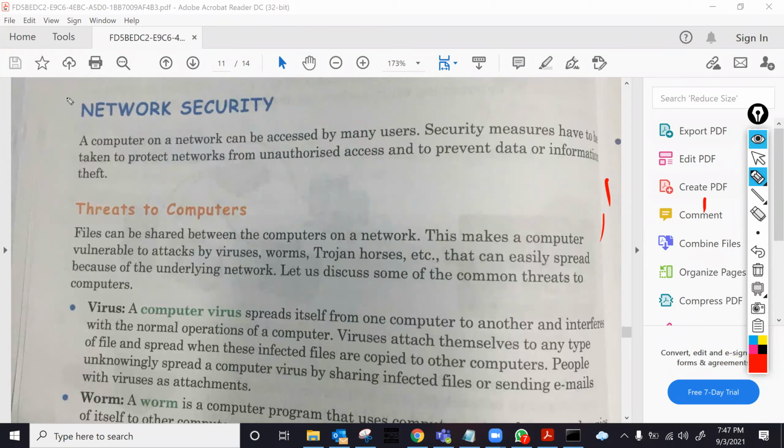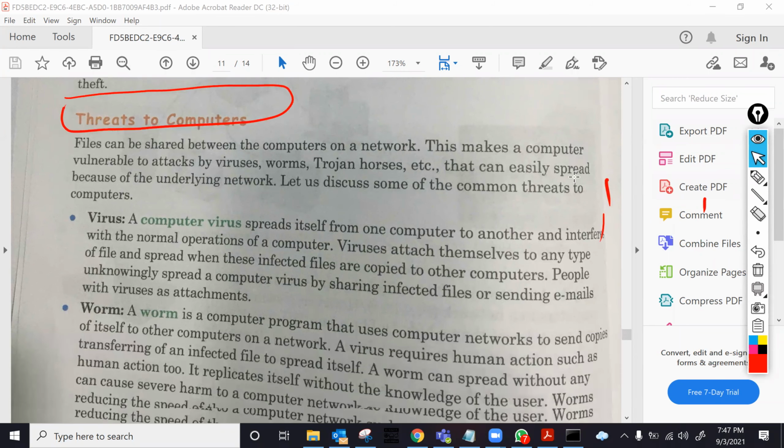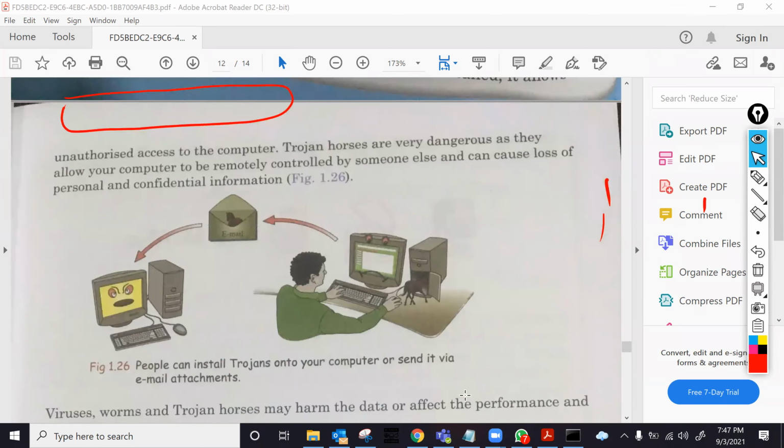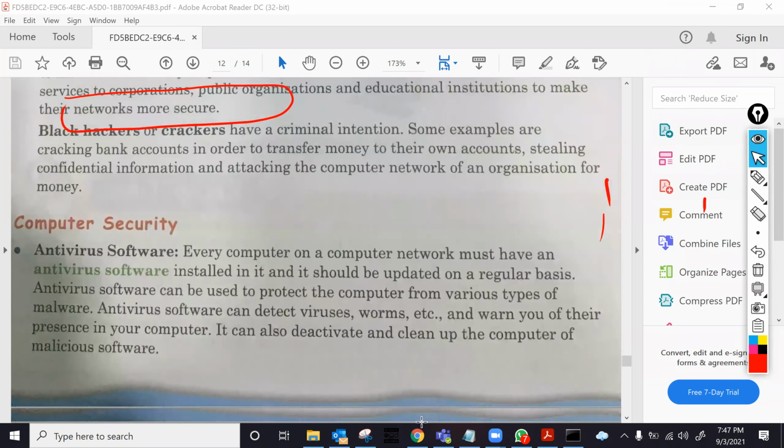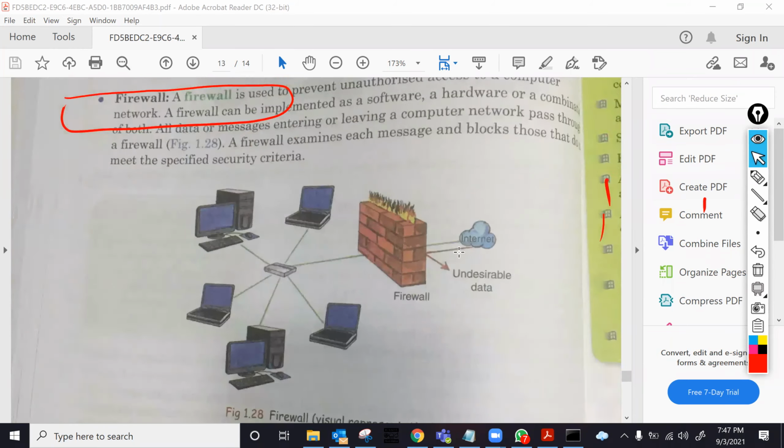Okay, now we'll talk about network security. After finishing this chapter, you will get an exam. It's an online exam.